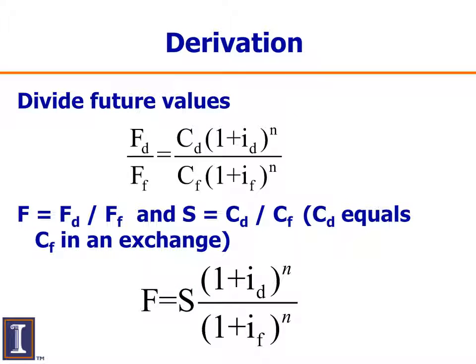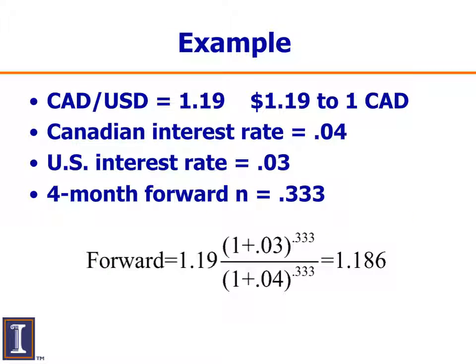And here is the derivation of the forward exchange rate, the relationship between the forward exchange rate F and the spot exchange rate S, and that is related by the interest rates in the respective countries. Again, S here is the spot exchange rate, F here is the forward exchange rate, and again, that would be some period of time in the future. If the interest rates were the same across the countries, the spot rate would equal the forward rate.